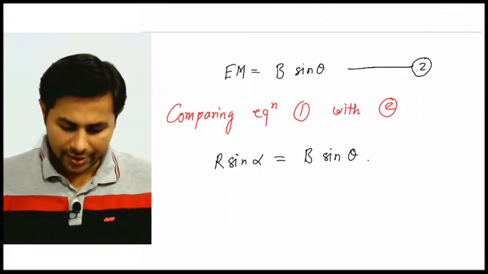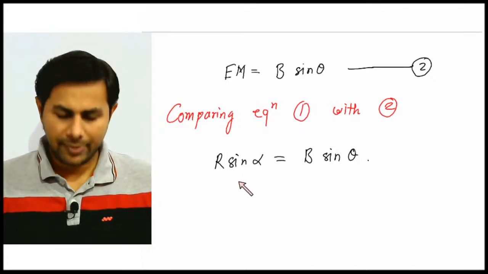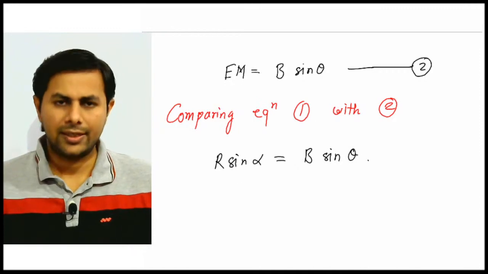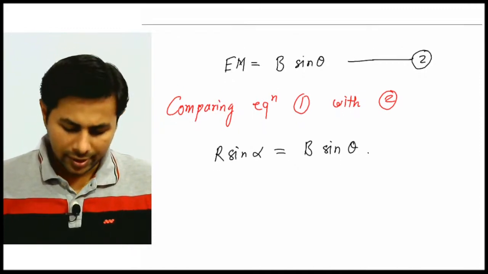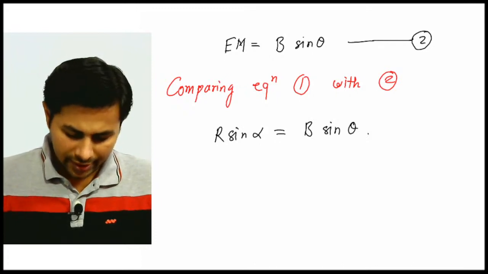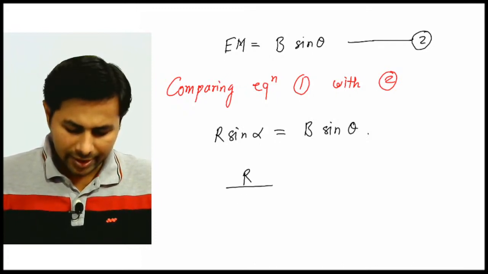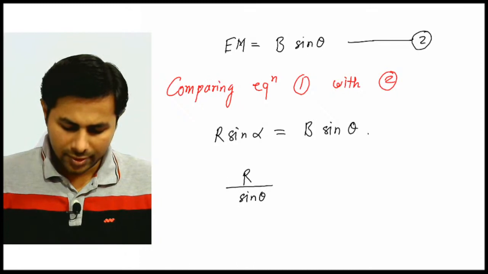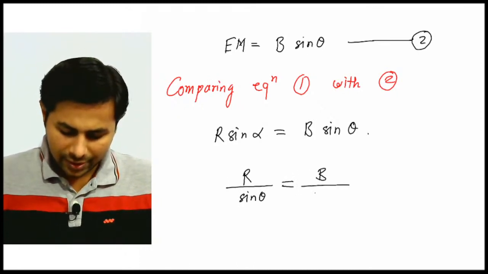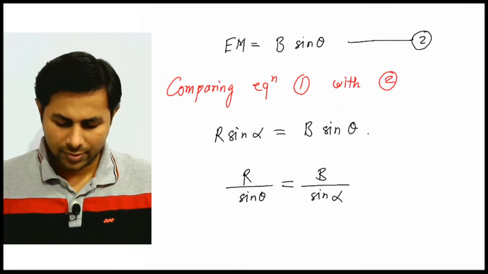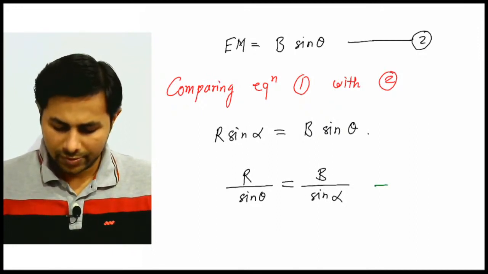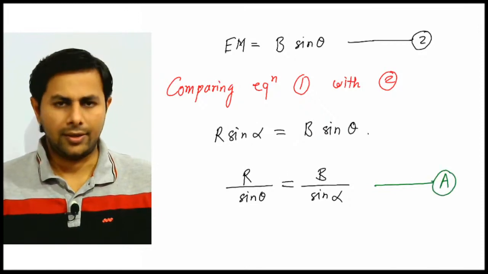If I take sine theta on the left hand side, it goes into the denominator, and sine alpha on the right hand side also goes to the denominator. Rearranging, I can write R divided by sine of theta is equal to B divided by sine of alpha. Let's call this equation number A.